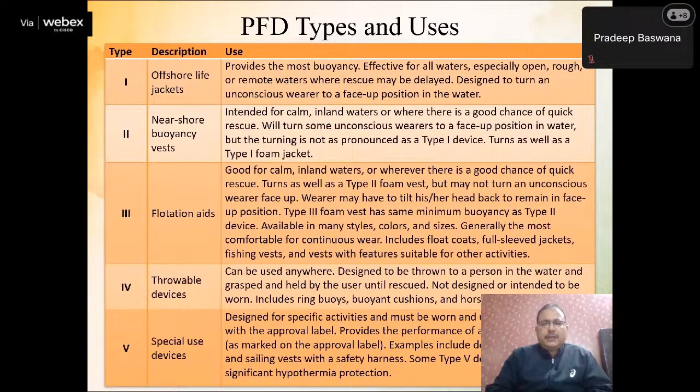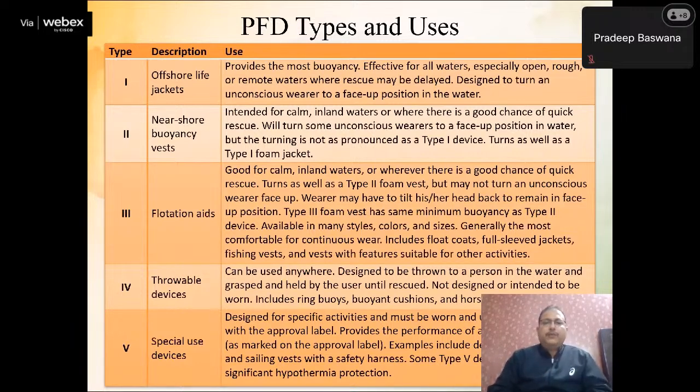First is type 1, offshore life jackets, provides the most buoyancy, effective for all waters, especially open, rough or remote waters where rescue may be delayed, designed to turn an unconscious wearer to a face up position in the water. Type 2, near shore buoyancy vest, intended for calm, inland waters or where there is a good chance of quick rescue, will turn some unconscious wearers to a face up position in water, but the turning is not as pronounced as a type 1 device, turns as well as a type 1 foam jacket.